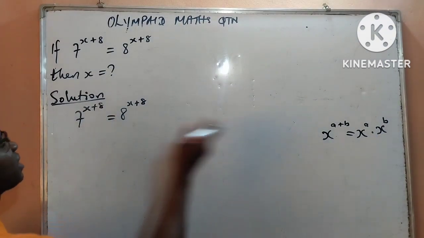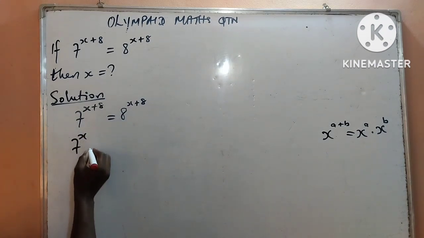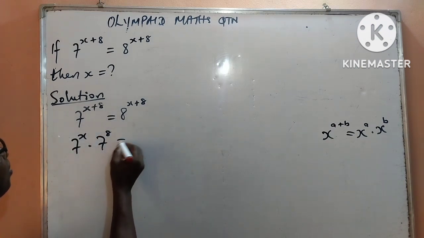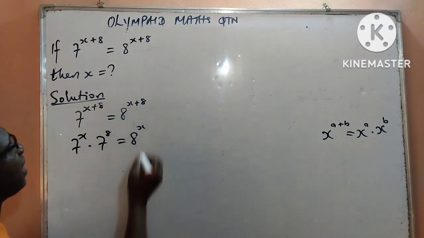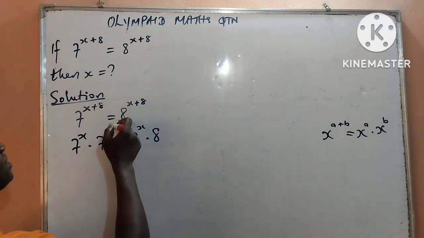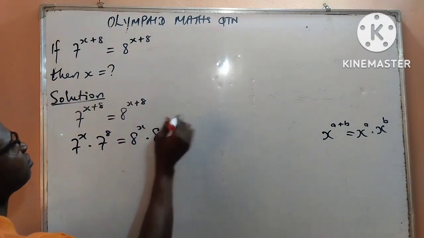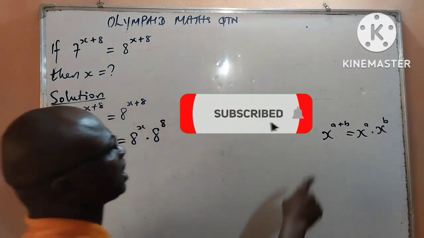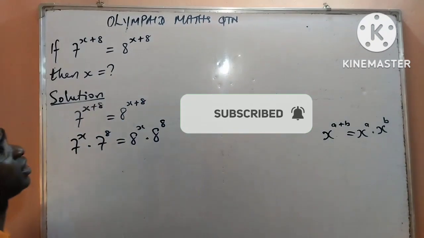Applying that law to this question, what I will now have is 7 to the power of x multiplied by 7 to the power of 8. This is equal to 8, which is the base, to the power of x, then multiplied by 8, same base, to the power of 8. This is the outcome of applying the multiplication law of indices.